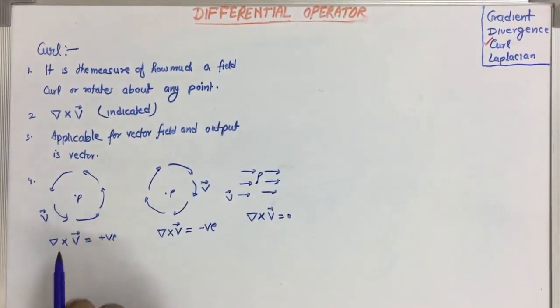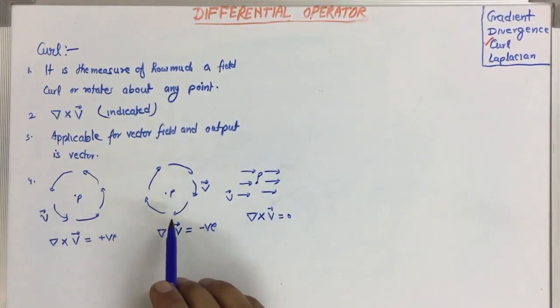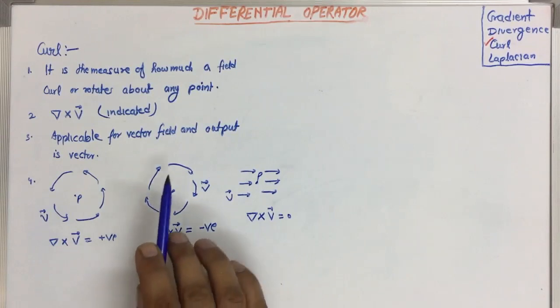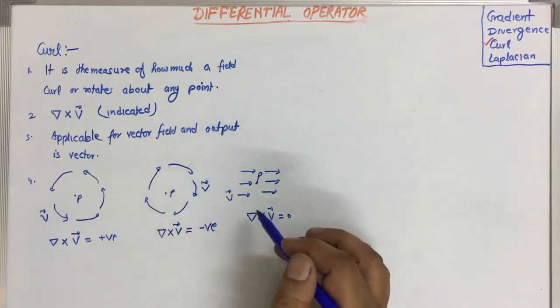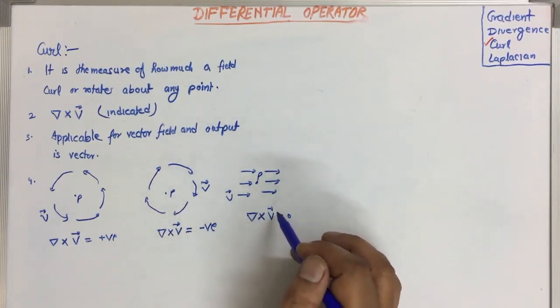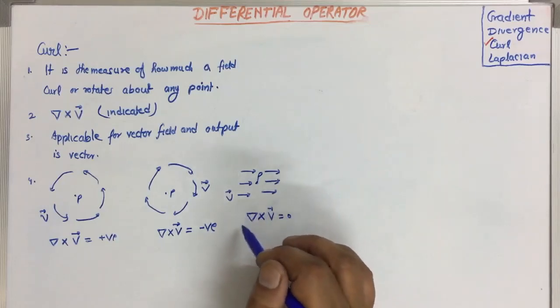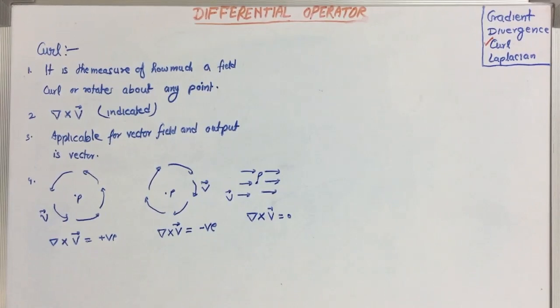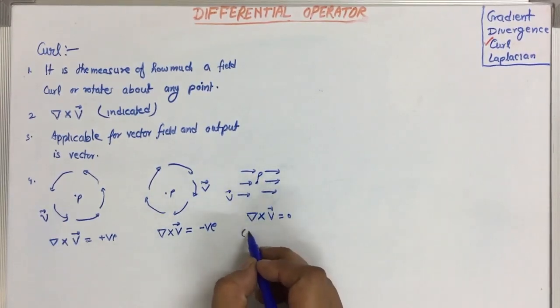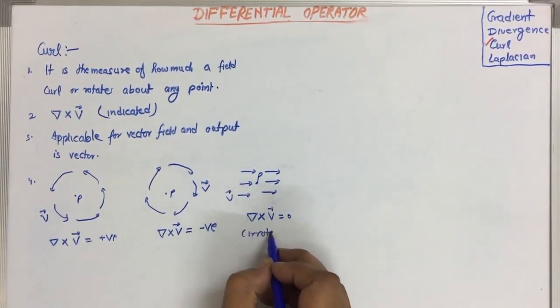So if it is moving anti-clockwise it is considered positive. If it is rotating in clockwise, then the curl of the field is considered negative. If the field is irrotational, then the curl of the field will be equal to 0. In this case, the field is said to be irrotational.